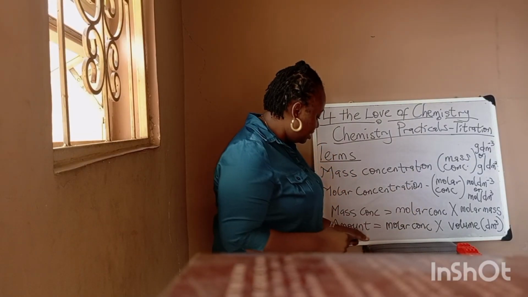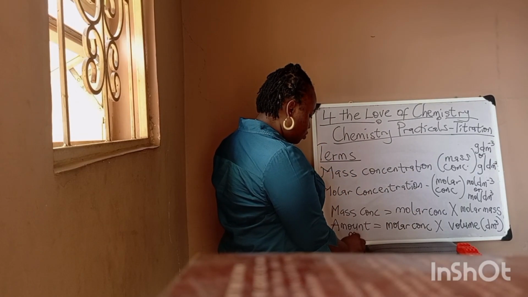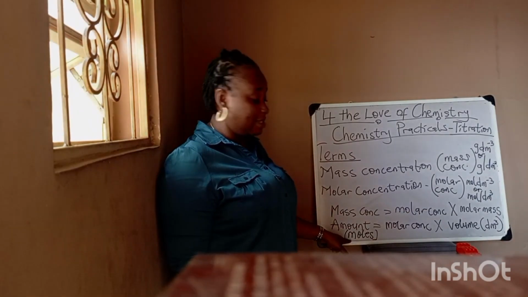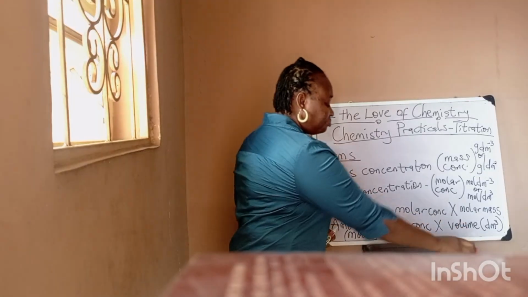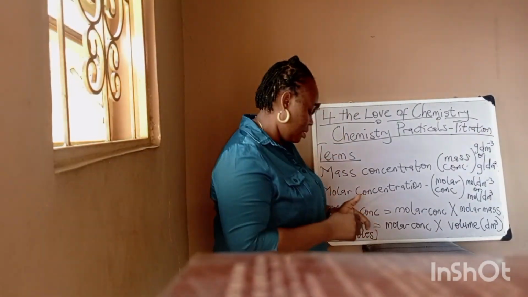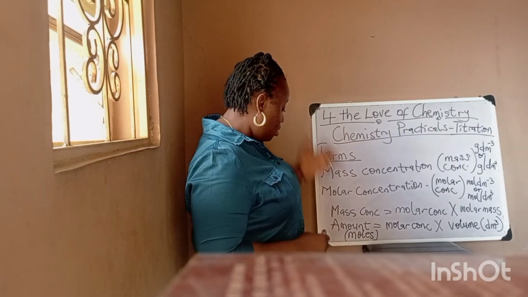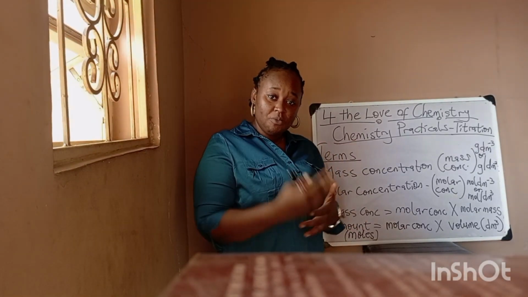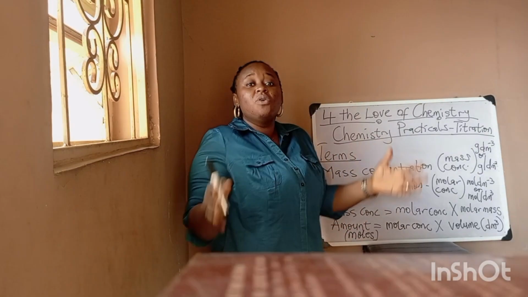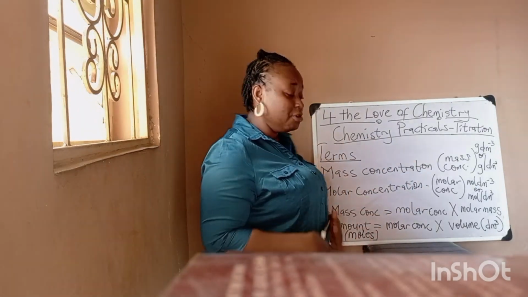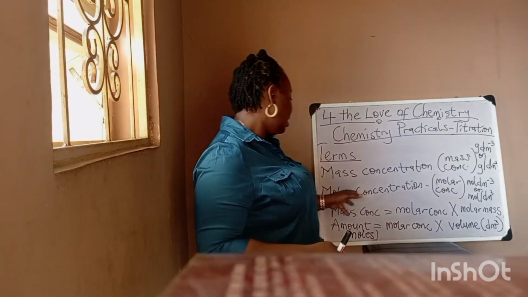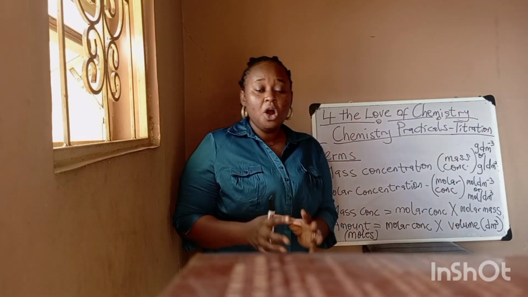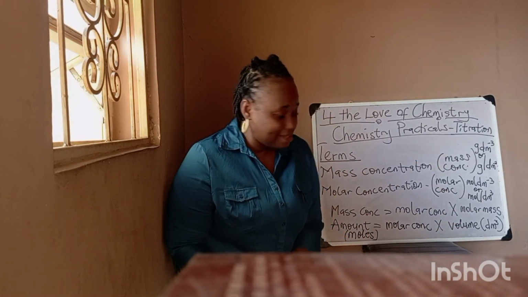Then the next one you see is amount. The unit of amount is moles. Amount is asking for the number of moles of that substance in whatever you're given. So to get amount, it is the molar conc, that's the concentration in mole per dm cube, multiplied by the volume of whatever you are asked.